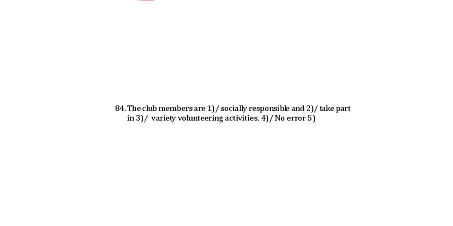See the next one. The club members are socially responsible and taking part in various. Here variety is not correct. Many different activities means we should use various or many. Variety is different, so that is not correct.